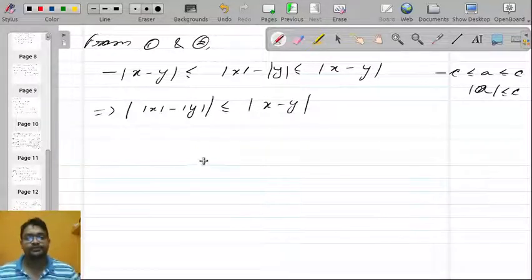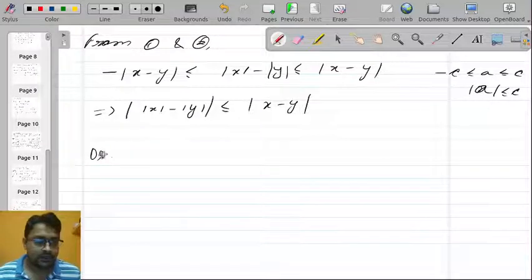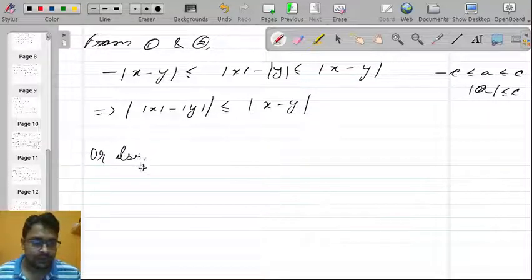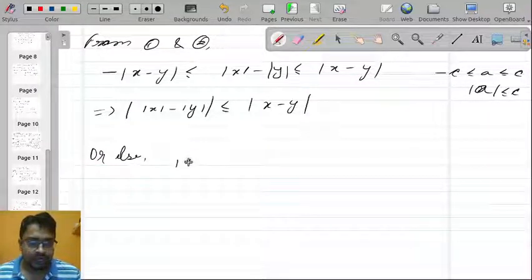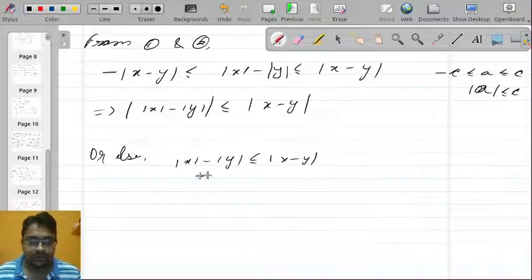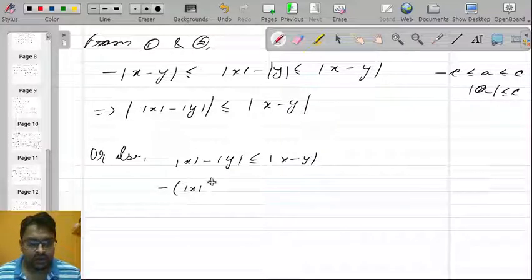Or else you can do it this way. By 1 we have mod x minus mod y is less than or equal to mod of x minus y, and by 2 we have minus of mod x minus mod y is less than or equal to mod of x minus y.